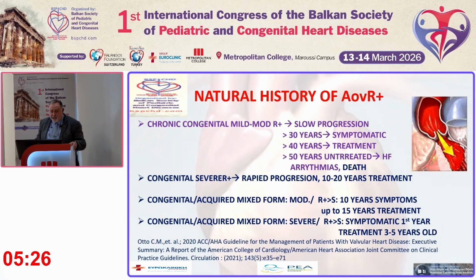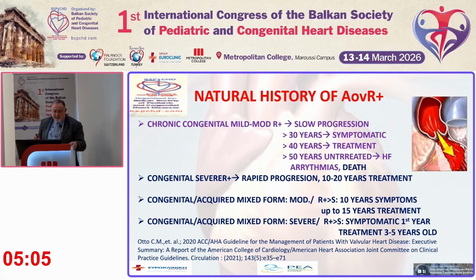In chronic congenital mild or moderate regurgitation, we have a slow progression of the disease. By 30 years, it will be symptomatic. By 40 years, you need to have treated these patients. By 50 years, if patients are untreated, they will have heart failure, arrhythmias, and death.